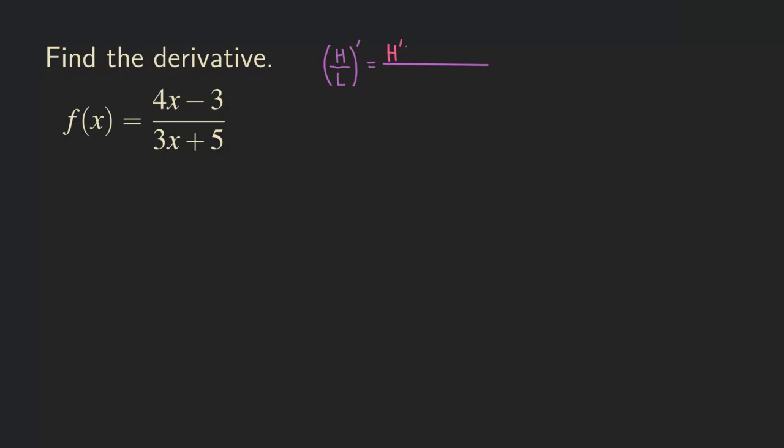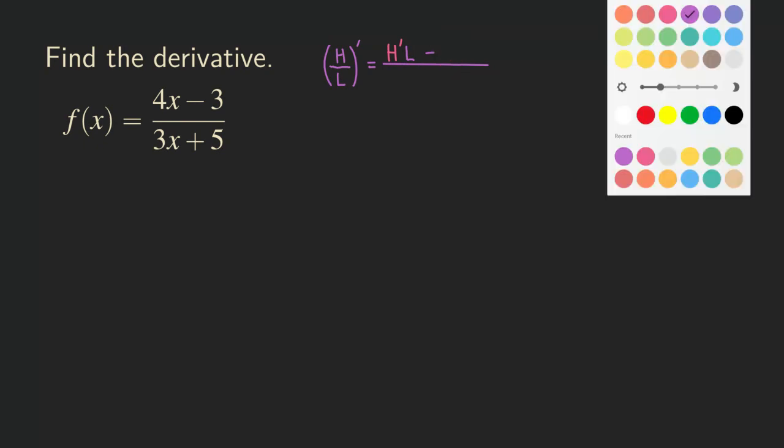And then minus. That's the difference between this expression and the product rule. For the second term, we put down the high function first.